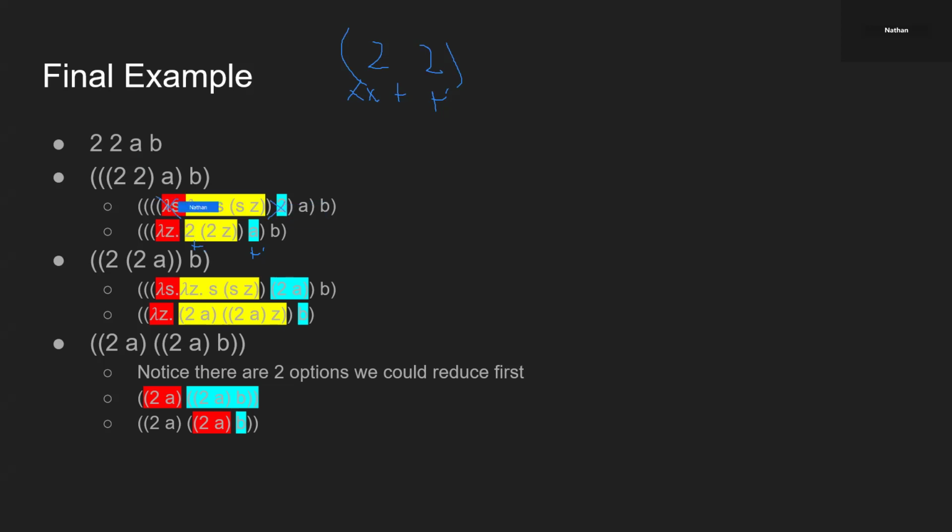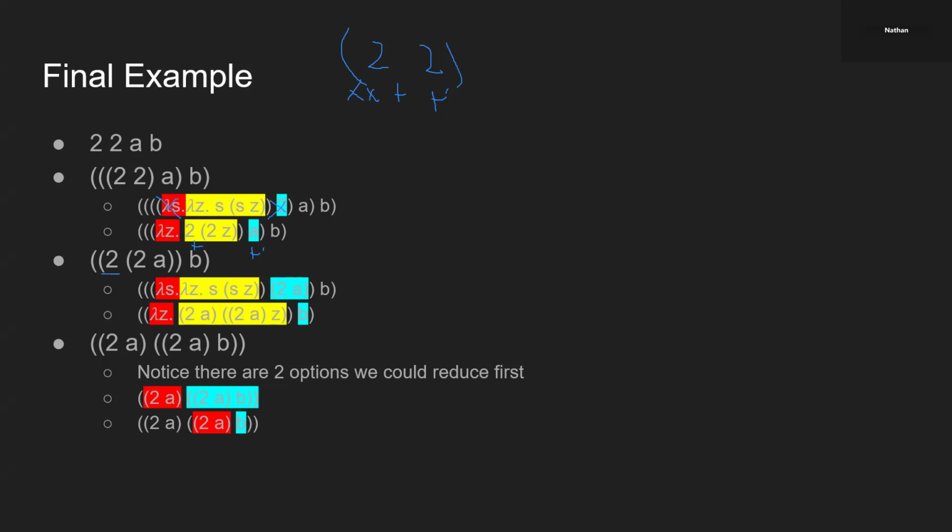Now this one will be part of this A. So then we beta reduce with the A, and that's how we get 2A, and then B. And then we have another reduction we can do, right here, this 2. You could technically do this other 2 as well, but actually, no, you can't. It wouldn't be clean, I think. So yeah, you start with this 2.